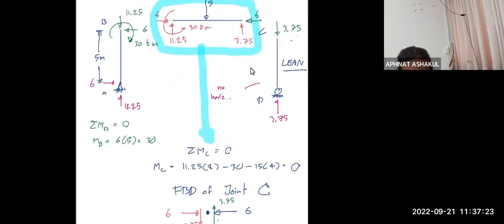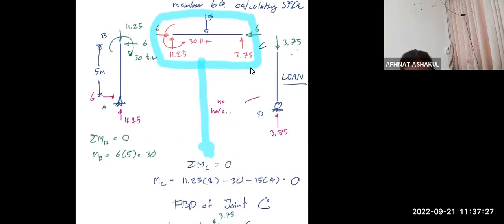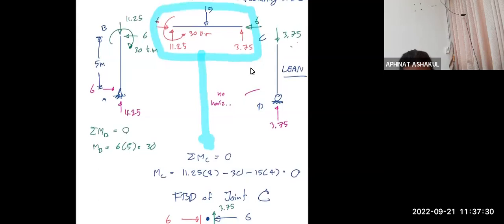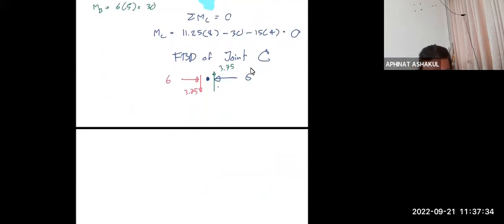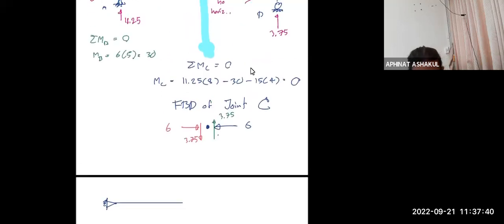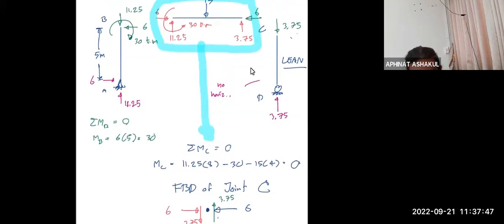Right. So now let's take a look at the member AB. Okay. Let's say you can do it any way you want. Maybe I can do it like this. Okay, that's AB. I rotate the member clockwise.